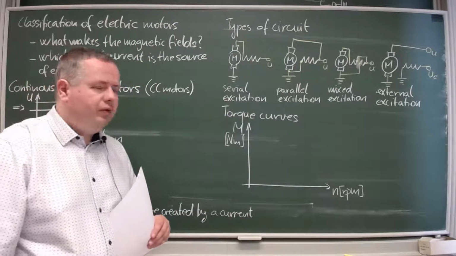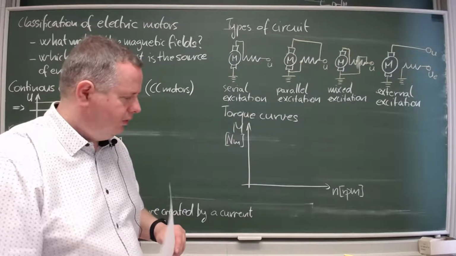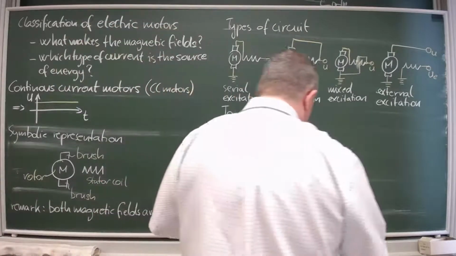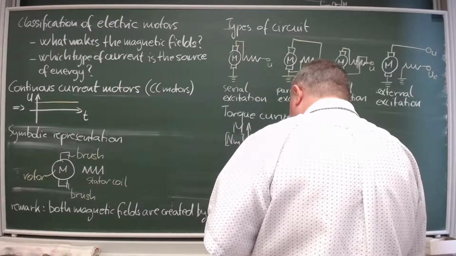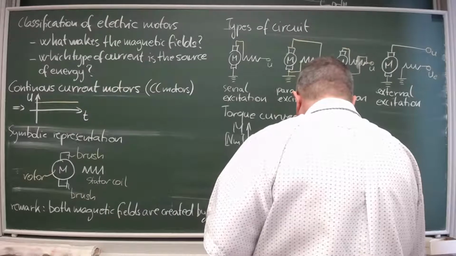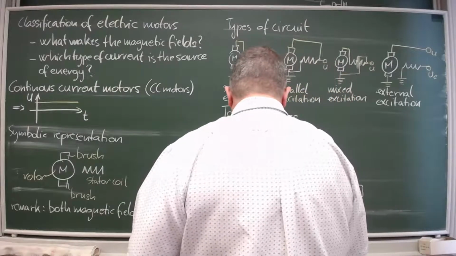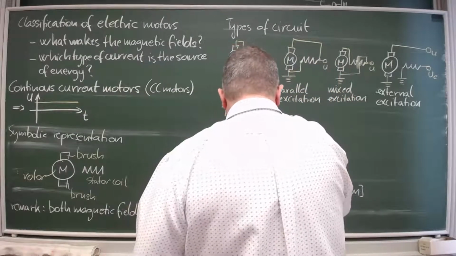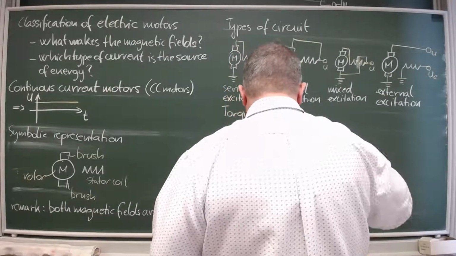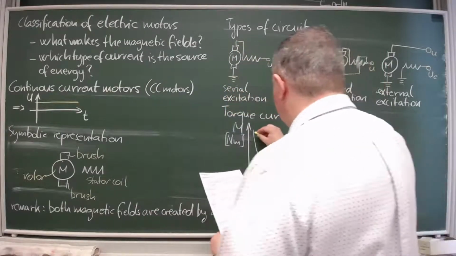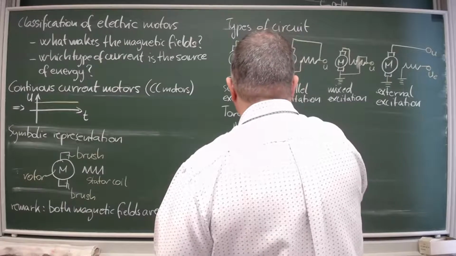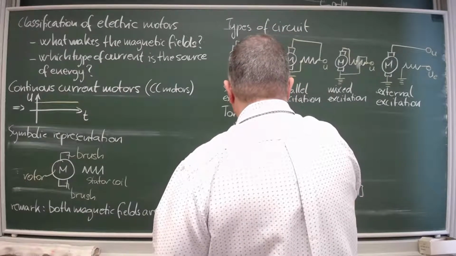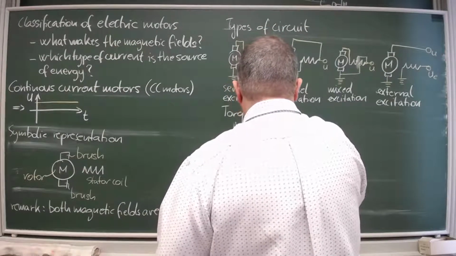And we get the following curves. For a serially excited motor, we get a curve looking like this. This is what we have in serial excitation.